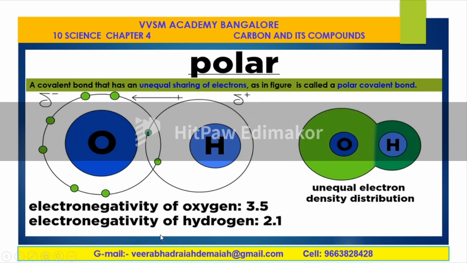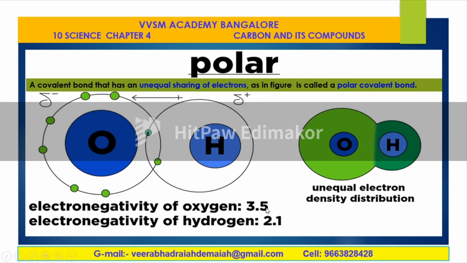Electronegativity of oxygen. A covalent bond that has an unequal sharing of electrons, as in the figure, is called a polar covalent bond. See, unequal sharing of electrons. Here, this is hydrogen, a different atom. Oxygen is a different atom. And hence unequal sharing between oxygen and hydrogen leads to the formation of a polar covalent bond.